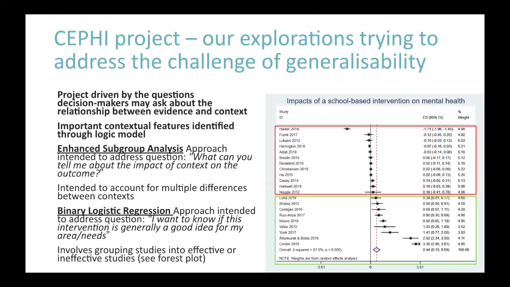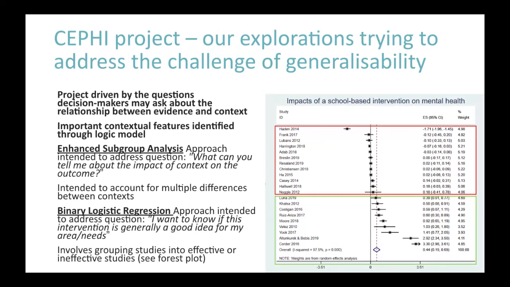And the second question we thought decision makers might have was one where they may be less interested in the actual precision and size of the effect, but simply, is the intervention likely to be a good idea for my area or needs, taking into account contextual factors in the study to make that decision.